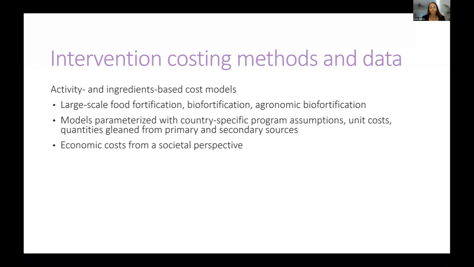Meaning that for each intervention type, so large-scale food fortification, biofortification, and agronomic biofortification, we have defined a series of activities required to undertake the intervention from startup to scale up through annual operating activities. And then for each activity, we identified the types and quantities of inputs or ingredients that are required to execute that activity. So things like equipment and supplies or personnel, etc.